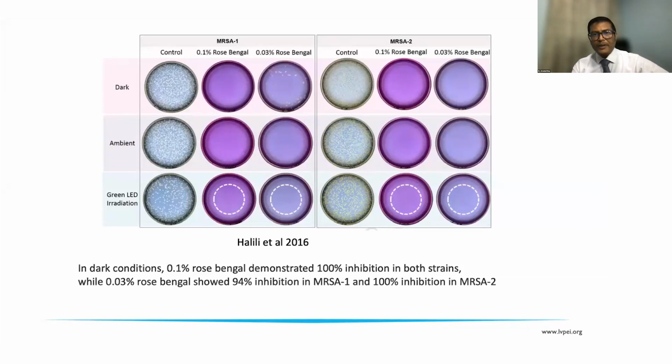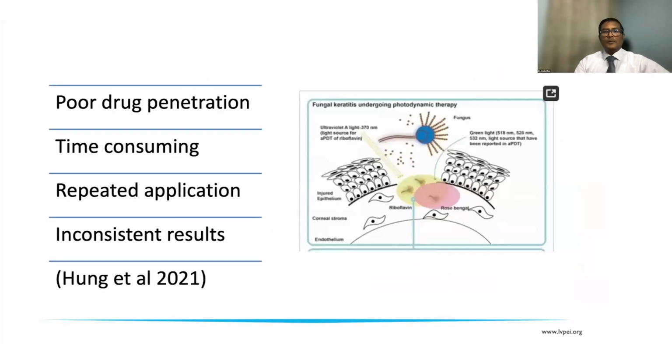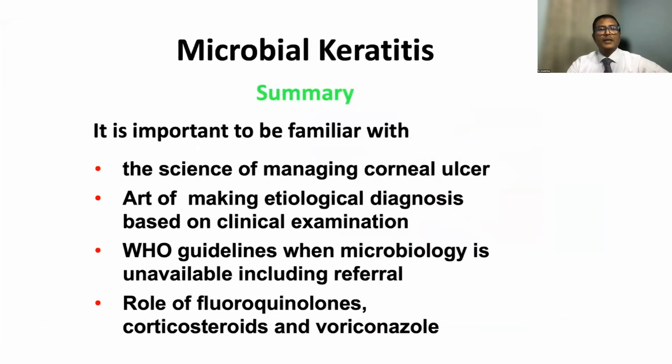So in this, Rose Bengal has been tried in different combinations, and it has been found to be much more effective in killing the bugs compared to a control. So this was a pilot study, and it was greeted with a lot of enthusiasm about photodynamic therapy, Rose Bengal, in patients who have had Acanthamoeba. But again, these are also plagued by the same questions of drug penetration, time-consuming therapy, how many times should we use, what should be our standard application, and what should be the results.